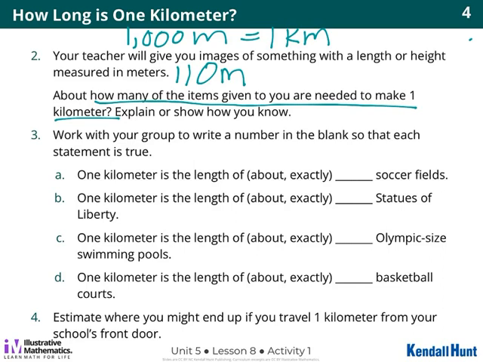So it would be 9. This is hard to explain without doing math. I'm thinking about 110 meters, and if I had 10, that would be 1,000, but we're dividing. What are you thinking? Because 100 times 10 is 1,000, and then 10 times 10 is just one more 100.